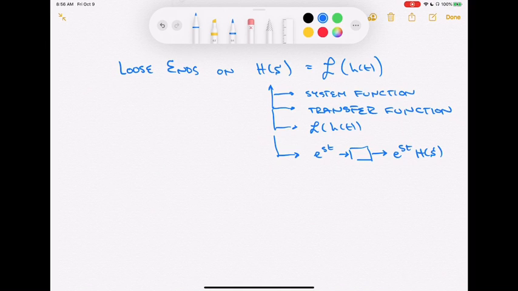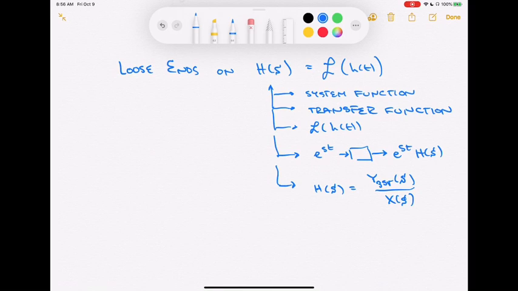So we had seen it in that way before. In our previous lecture, we had also seen it in something like this. We said H(s), right, could be gotten as the zero state response over X(s), output over input in the transform domain. So that was another way of carrying this out.